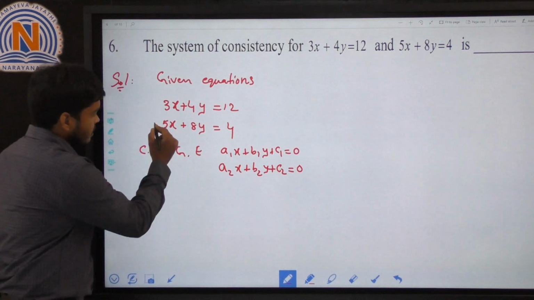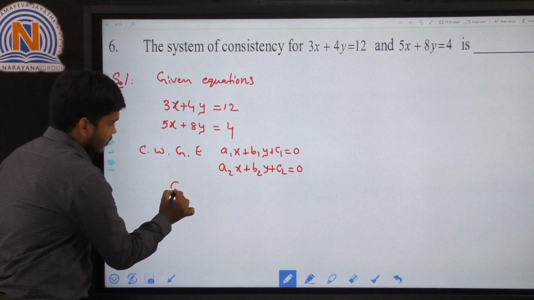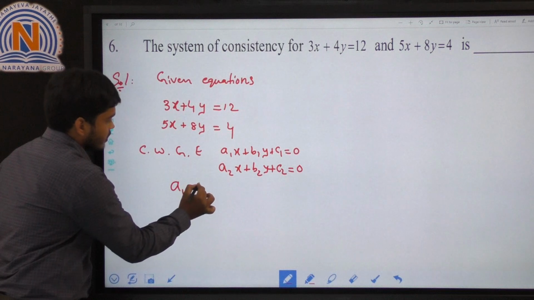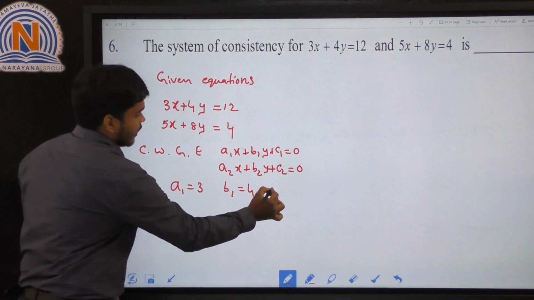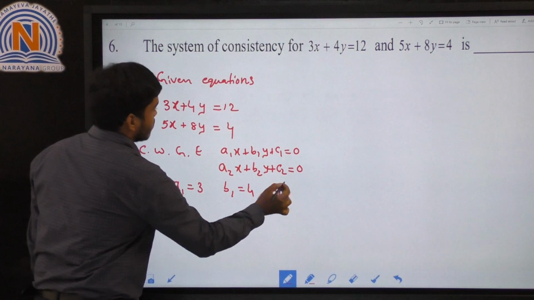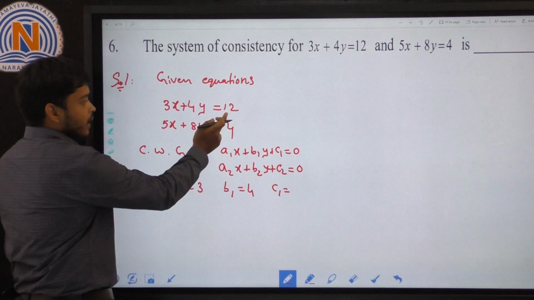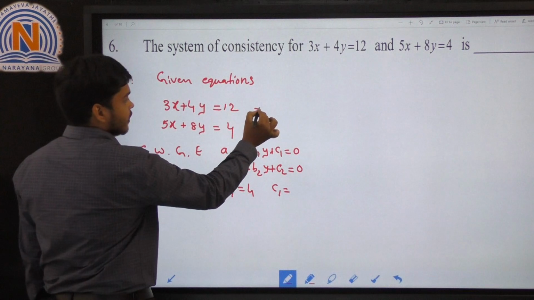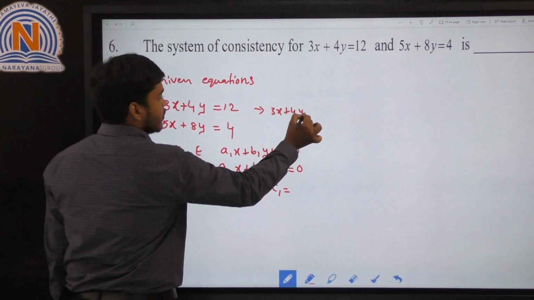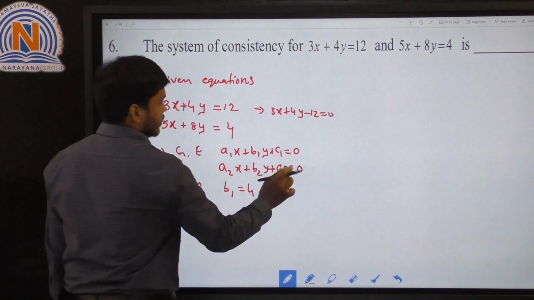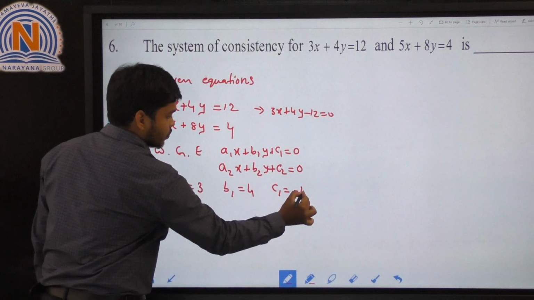So here a1 is 3. Write the coefficients. a1 is 3 and b1 is 4, and c1: send 12 to the left-hand side, then 3x + 4y - 12 = 0, so c1 is -12.